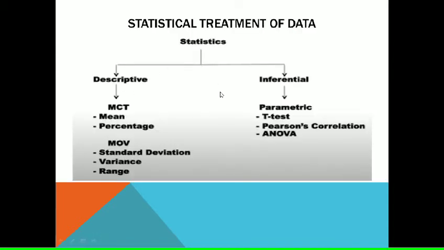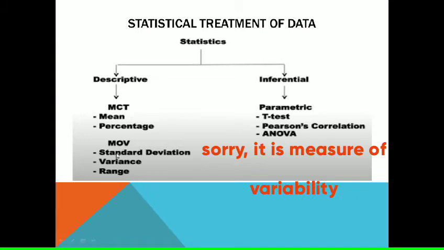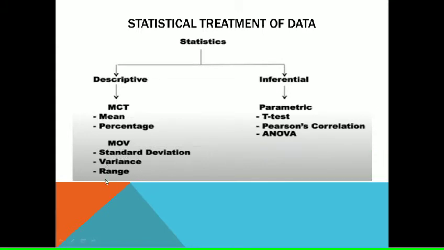Statistical treatment of data. There are two types of treatment of data. We have descriptive and inferential statistical treatment. For descriptive, we have measures of central tendency, the mean and the percentage, and the measures of variance, which are the standard deviation, the variance, and the range.